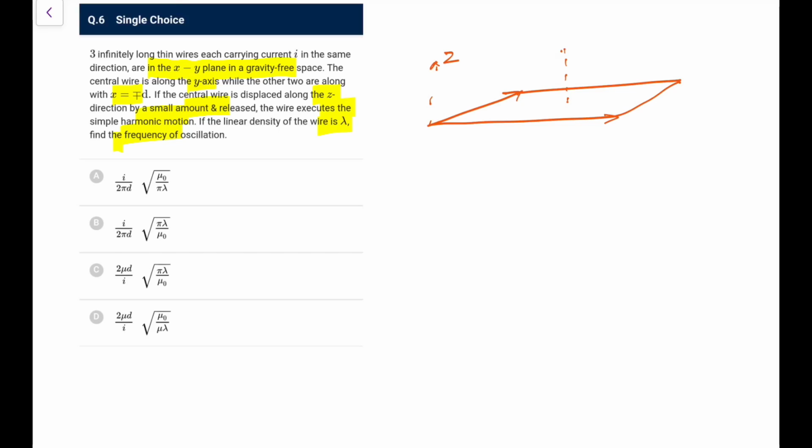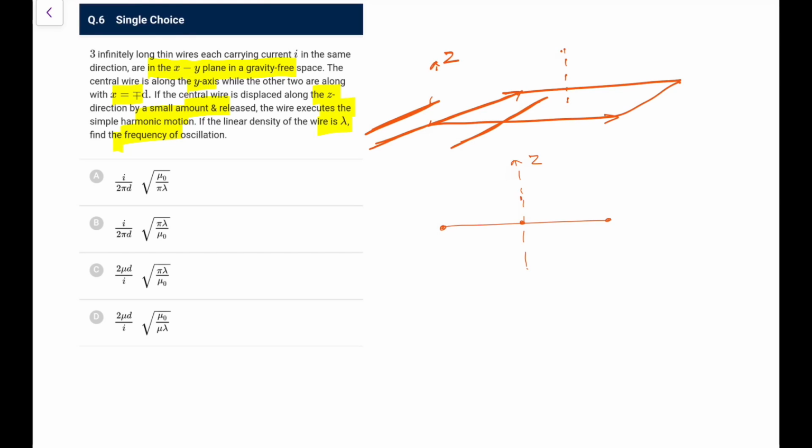The three wires are: one along the Y axis, one at x equal to plus d, and one at x equal to minus d. If I take that view, it would be better. This is minus d, this is plus d, and this is the zero, and let this be the Z axis. Okay, so it would be a good figure.